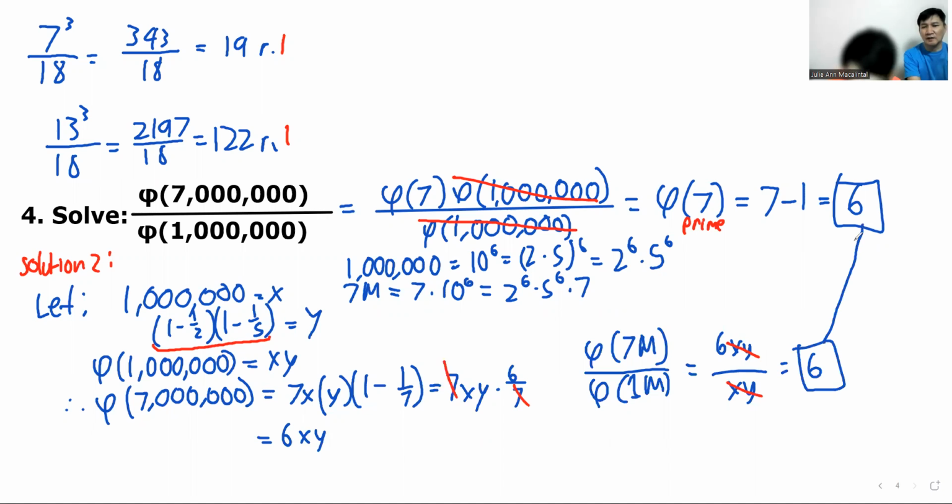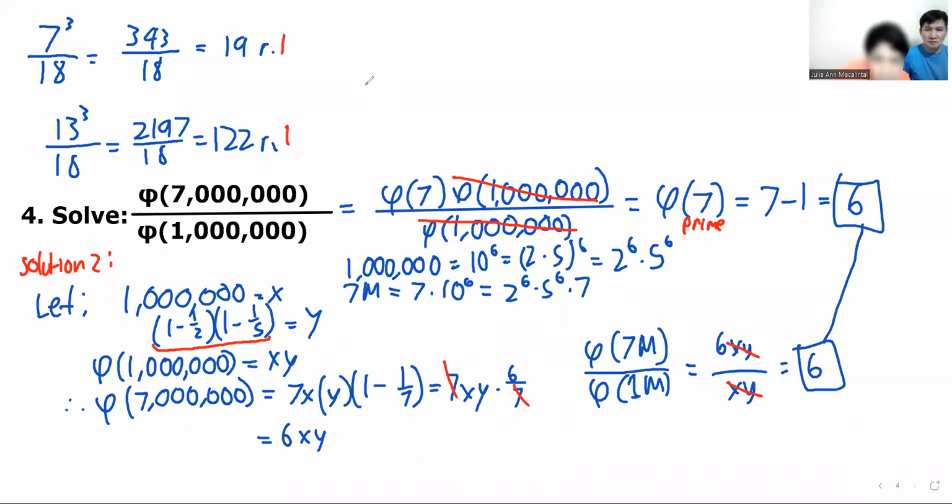Let me clarify this one. You might be wondering, where did you get 1 minus 1 over 7? It's part of the equation.